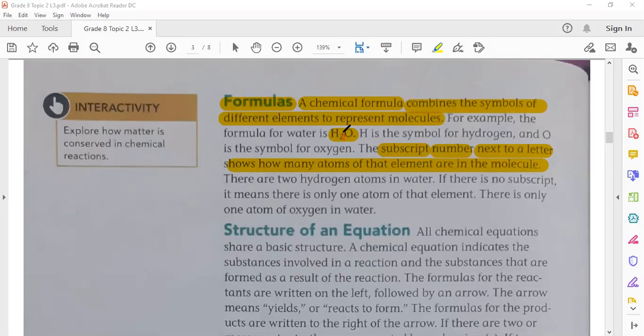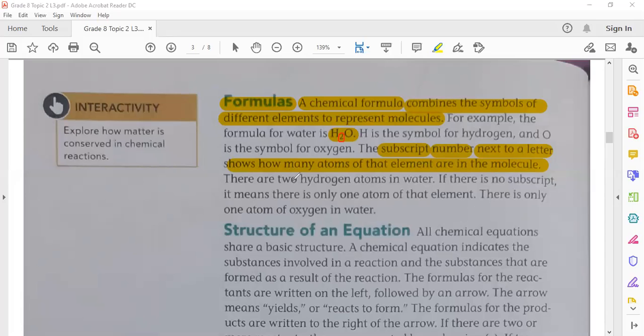It always comes after the letter, not before. So this 2 is not for oxygen. It is for hydrogen.